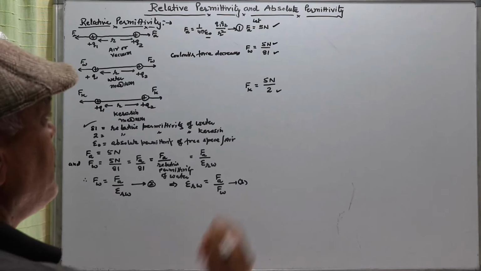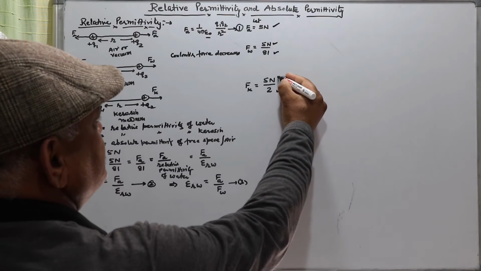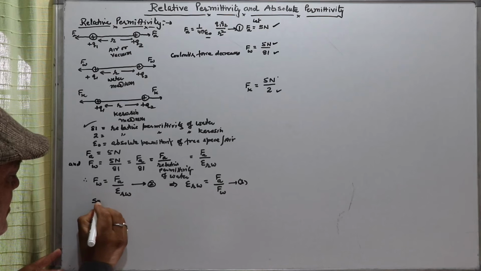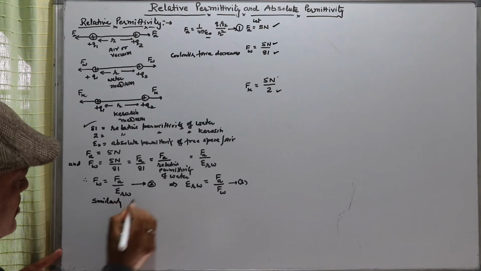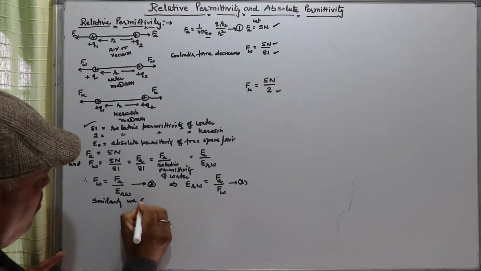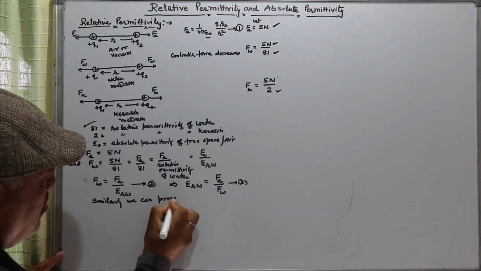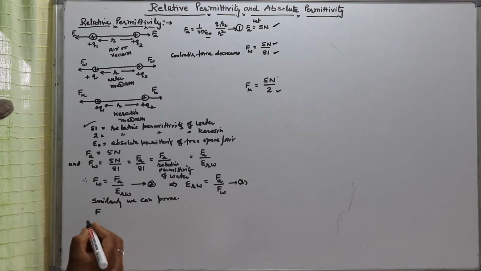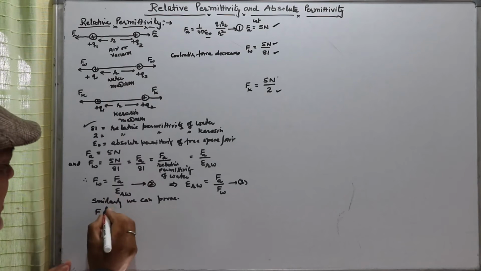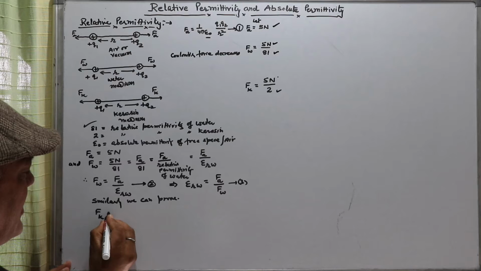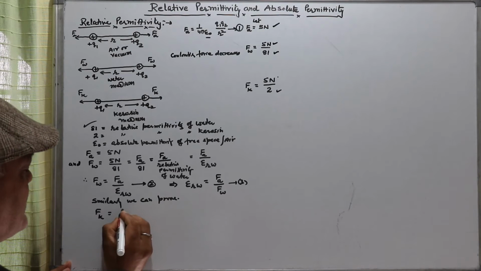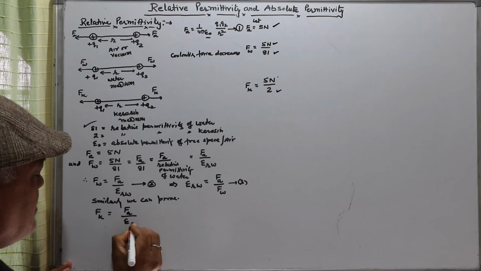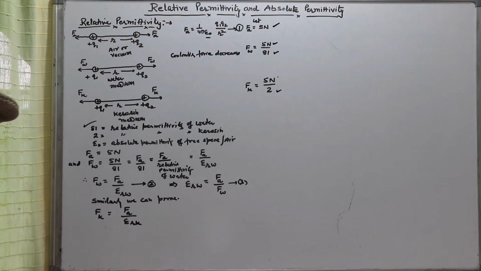Now similarly we can prove that Coulomb's force between the same two point charges when placed in kerosene, that is Fk, comes out to be Fa upon epsilon RK.